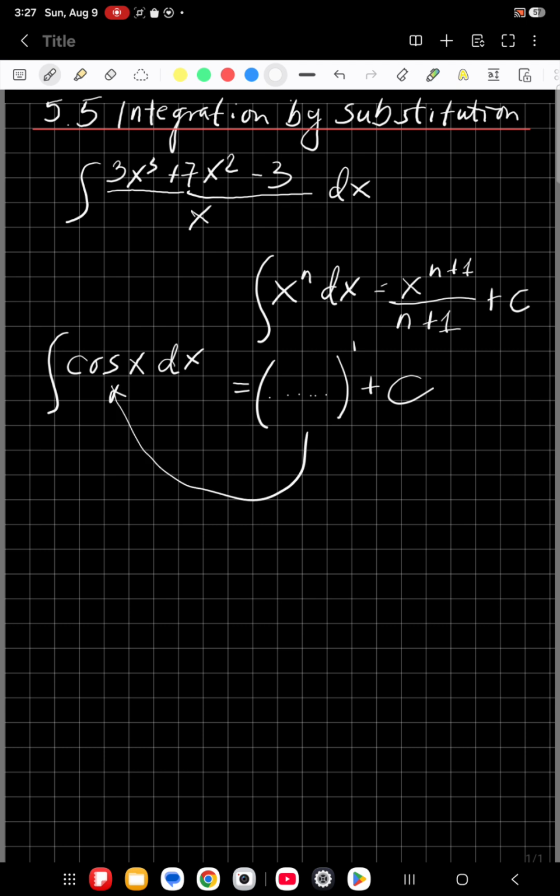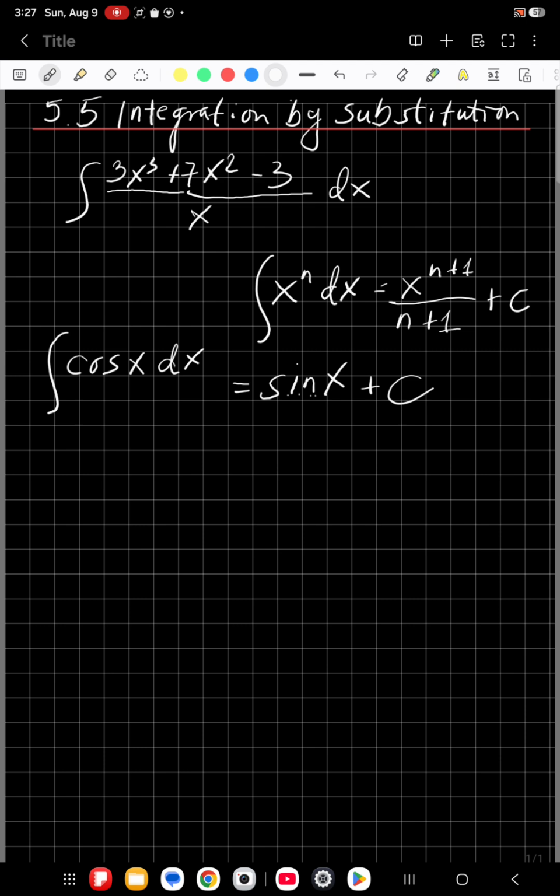So the derivative of what function gives me cosine x? That's sine x. So that's the solution.